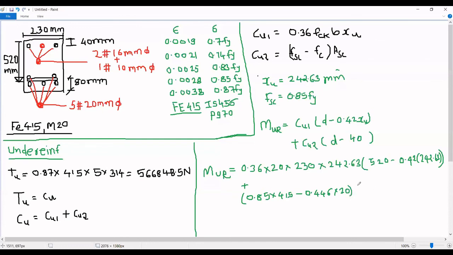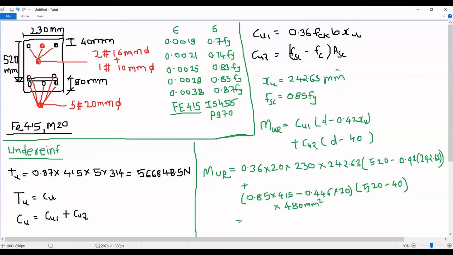This is multiplied by D minus 40. So D is 520 minus 40. Yes, and we have to multiply this stress in compression steel by the area of compression steel, which is 480 mm square. So 0.85 into 415 minus 0.446 into 20, this bracket multiplied by 480 multiplied by 520 minus 40, is the moment of resistance due to Cu2.